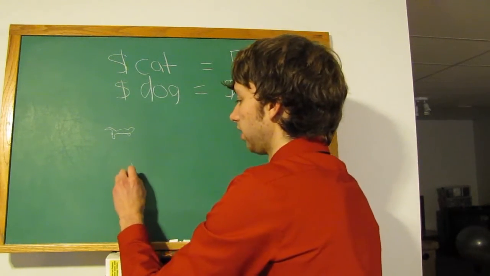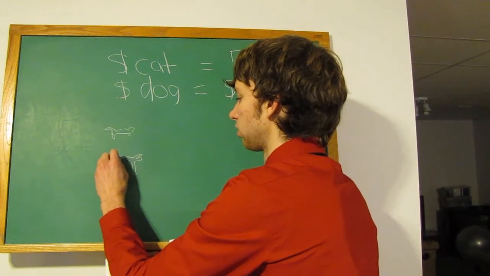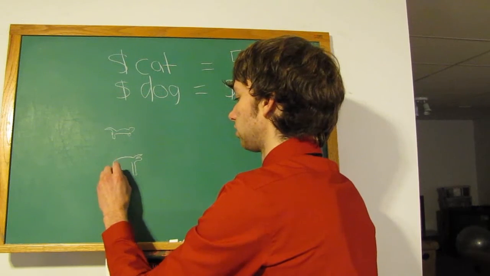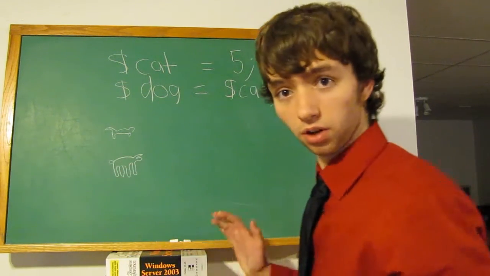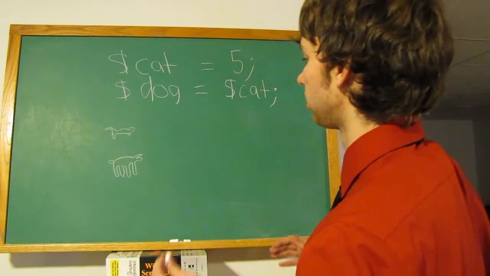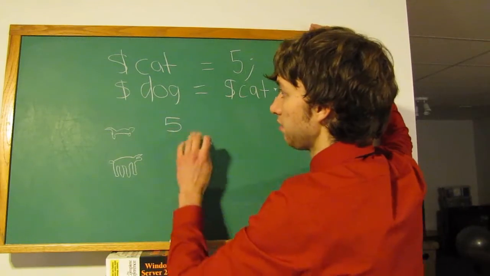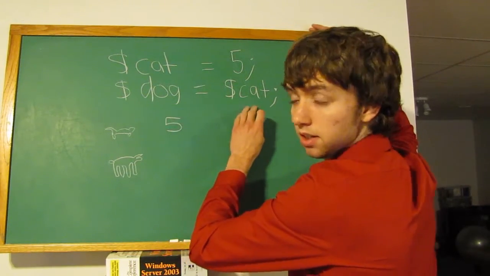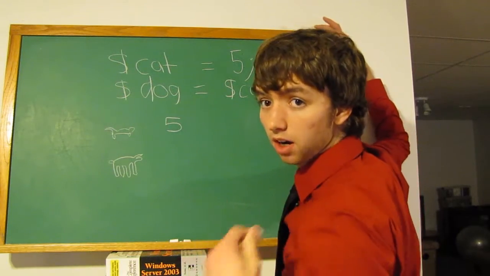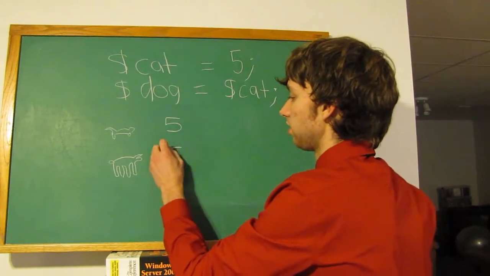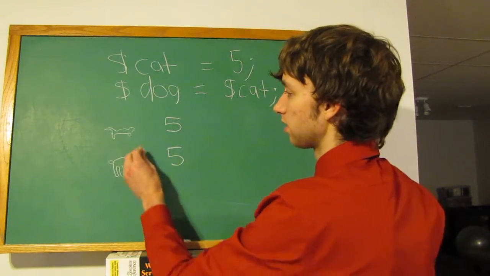We also have a dog. Right, you following me? So, this is to say, cat has 5. Dog takes the value of cat and makes basically a copy for itself.